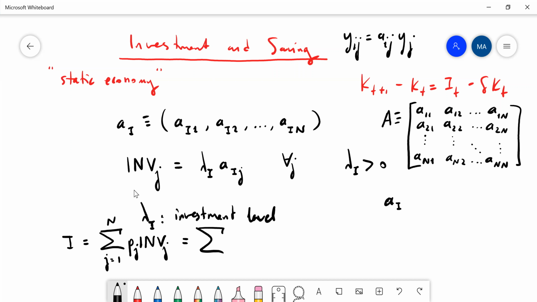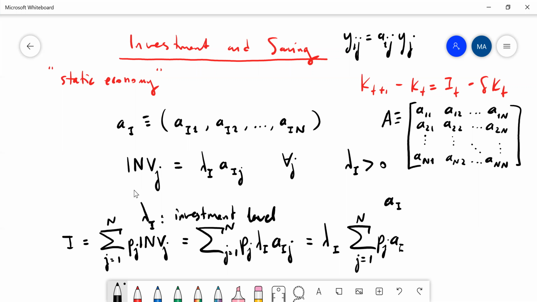So if you put INV here, you have PJ, lambda I, AIJ, right? Now be careful. Lambda I does not depend on J, right? So lambda I goes out. We have the sum over J from 1 to N of PJ, AIJ. Okay?